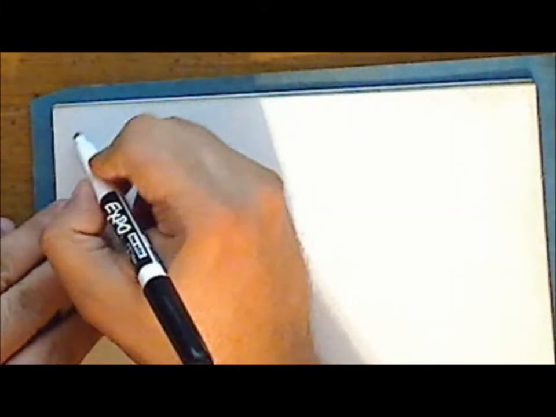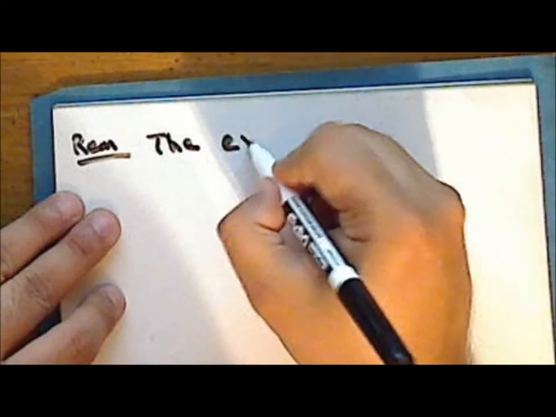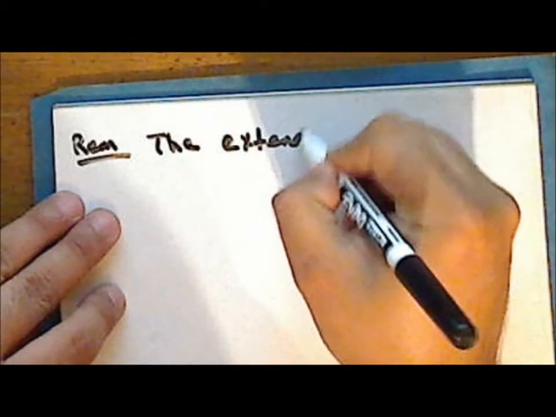Now, quickly, we'll talk about the topology on the extended real number system, which we call the extended real line.